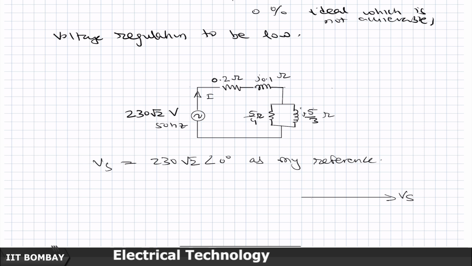So, the angles are only relative, and in such a simple circuit, really there are not many choices available to us. Either we could have chosen VL, which we want to compute, as the reference, or we can choose this as the reference, and choosing a reference usually means associating an angle 0 with it.